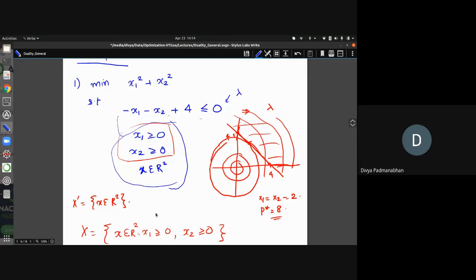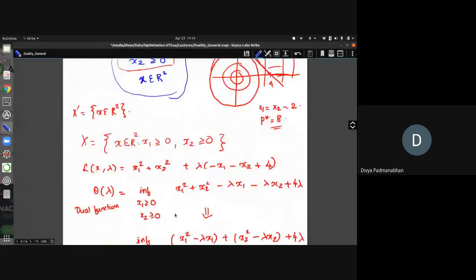Now, a thumb rule is that you generally choose your X in such a way that the dual function can at least be computed easily. If it is an unconstrained problem, there are more chances that you can have some kind of closed form solution, whereas constraints in X make it harder and harder.